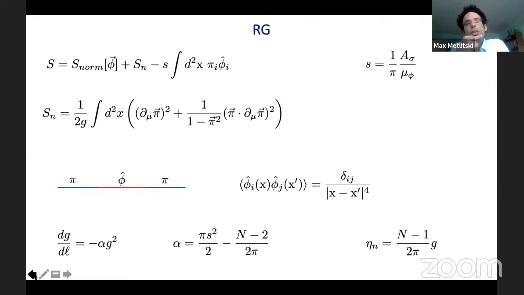Yeah, that's a good question. Somehow, the nice thing about this model is that everything is local, right? Strictly speaking, all the interactions are local. In the long range models, somehow it would be more natural to just have true long range order in the infrared.